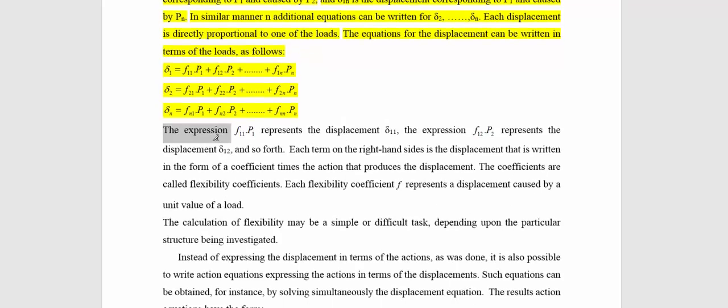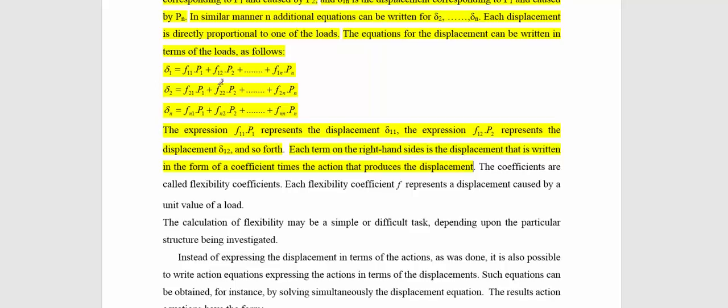The expression F11 times P1 represents the displacement delta 11. The expression F12 times P2 represents the displacement delta 12, and so forth. Each term on the right-hand side is a displacement written in the form of a coefficient times the action that produces the displacement.